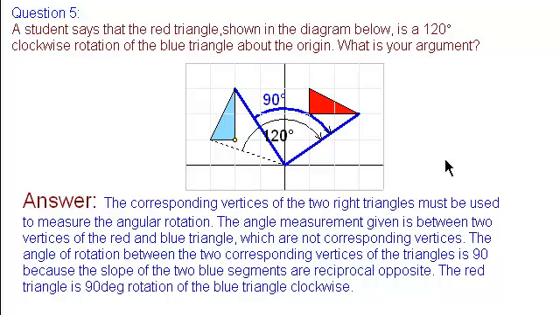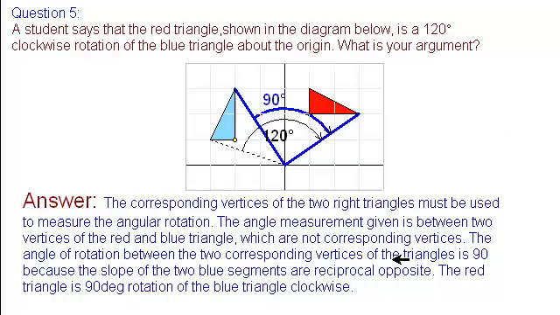The corresponding vertices of the two right triangles must be used to measure the angular rotation. The angle measurement given is between two vertices of the red and the blue triangle which are not corresponding vertices. You see that this one and this one are not corresponding to each other.